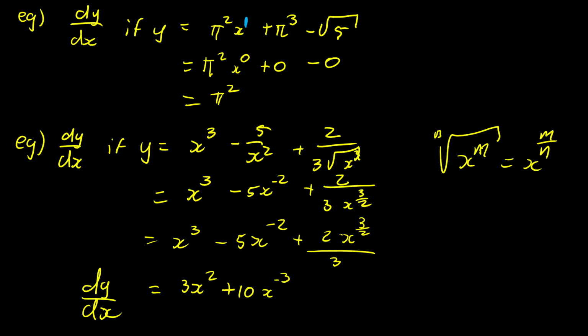And then lastly, we're going to say 3 over 2 times the 2 over 3, and this is going to become x to the power of 3 over 2 minus 1, which is just going to give me a half. We simplify this, and it's 3x to the power of 2 plus 10x to the power of negative 3, and then these 2's cancel, these 3's cancel, and you're just left with plus x to the power of a half.